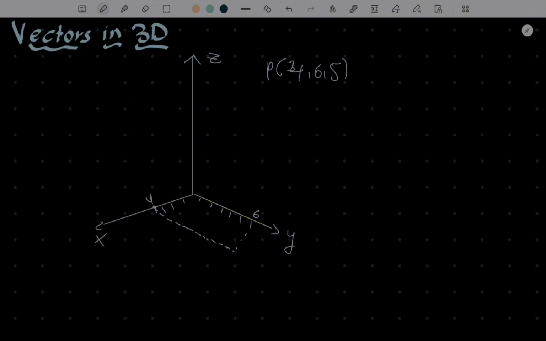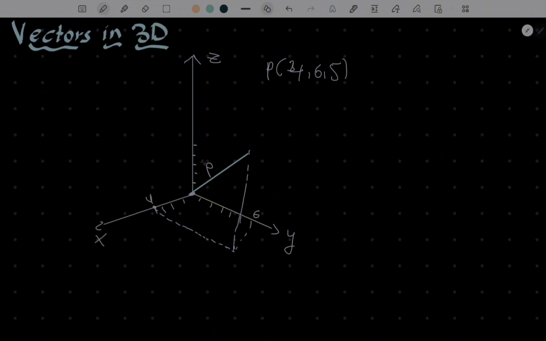So first, let's find 5. 1, 2, 3, 4, 5. So we're going to draw a line that is basically parallel to the z-axis. Then our vector will be drawn from the origin to this point. So our vector will look something like this.